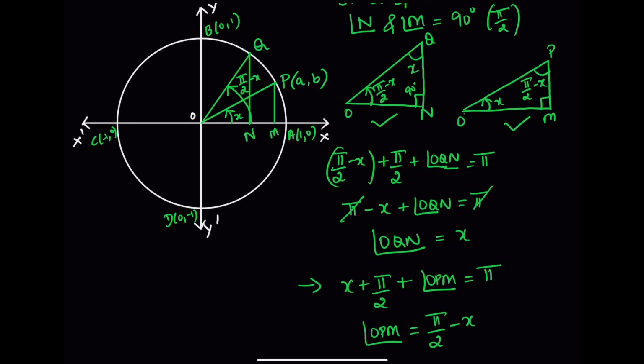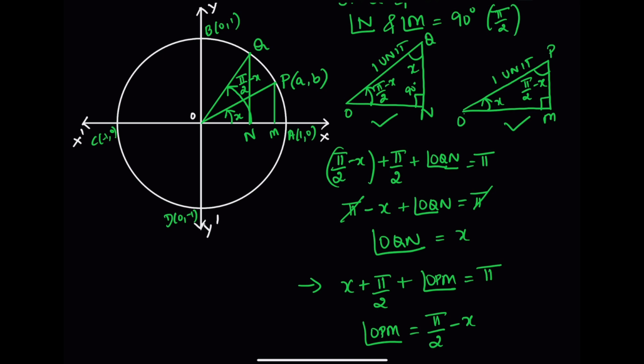Now if we notice, we see that there are common angles, which is pi by 2 is available in both the triangles, 90 degrees is available in both the triangles, and the value of OQ is equal to OP because it's the radius of the circle, and in this case it's the hypotenuse.